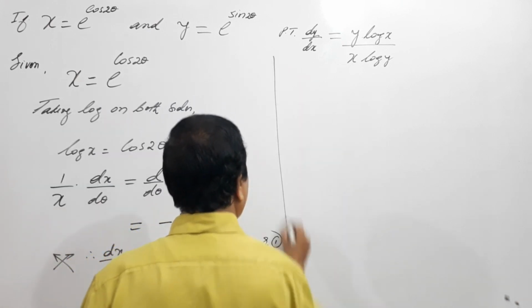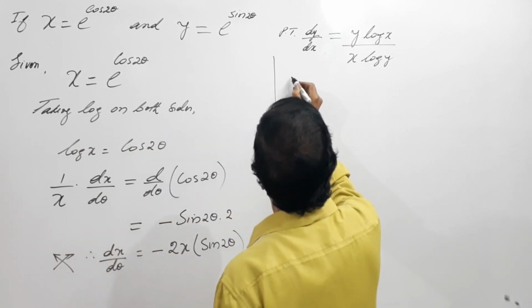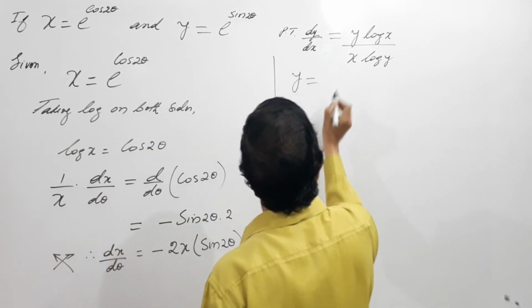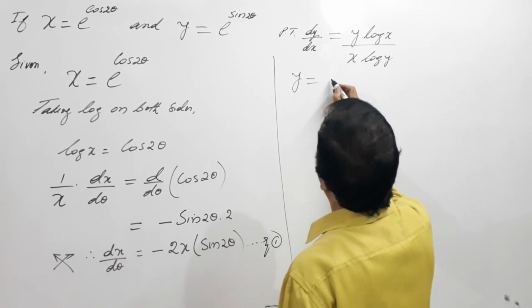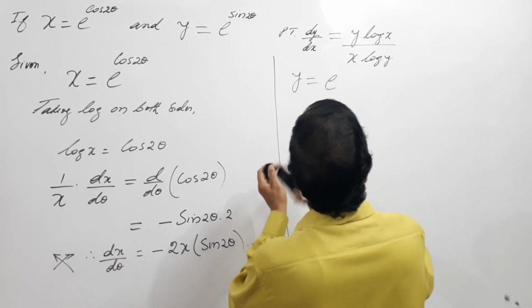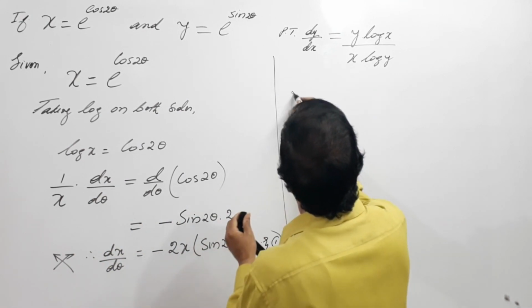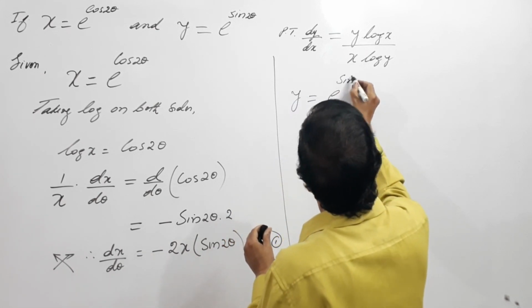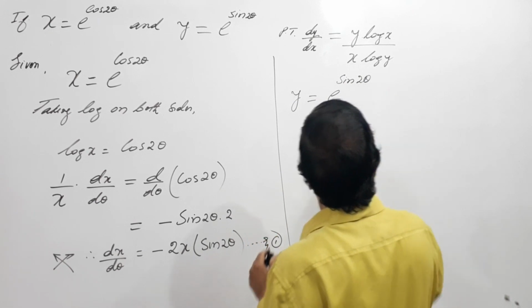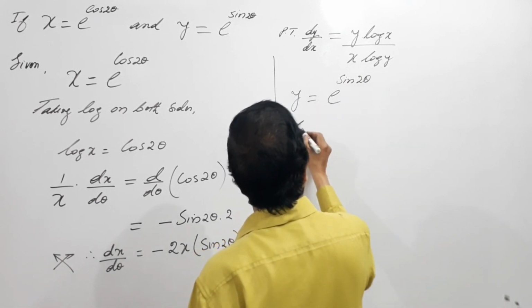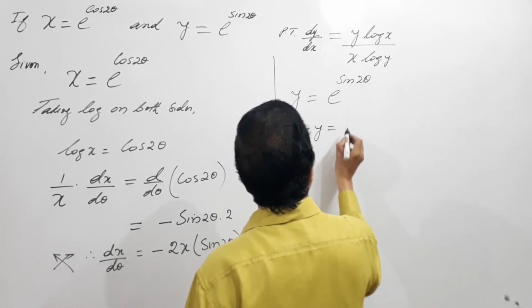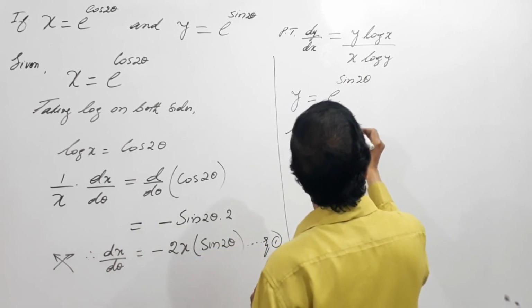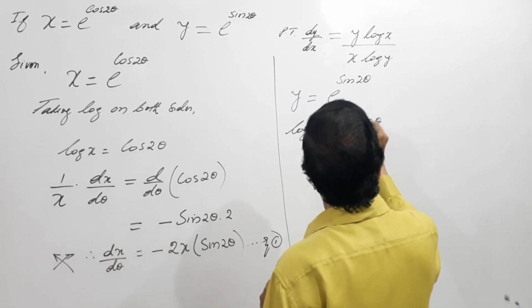So we will go for equation 2, that is y equals e to the power of sin 2 theta. In a similar way, by taking log, this becomes log y equals sin 2 theta.